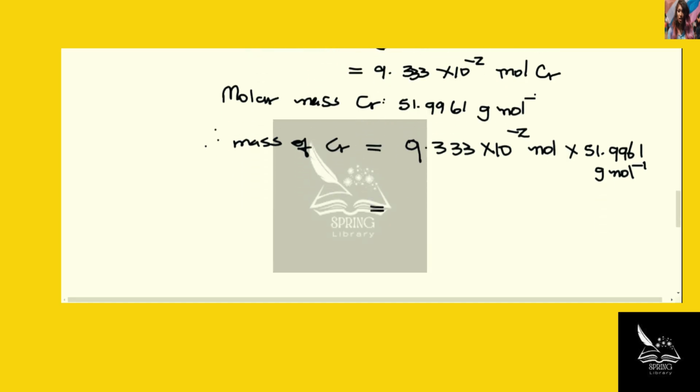And that would result in an answer of 4.84 grams of chromium was produced.